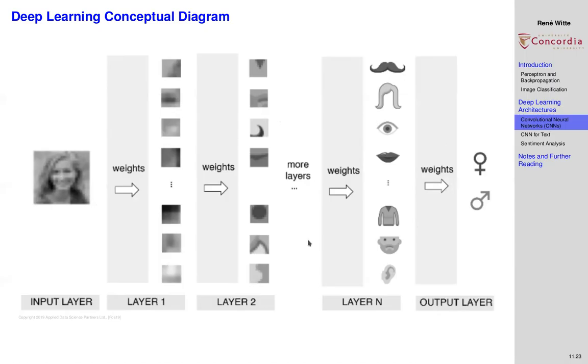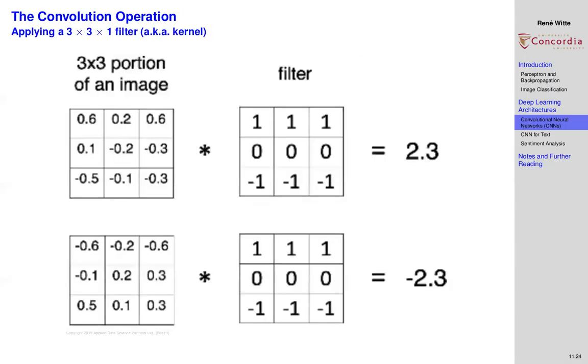And one new thing in this network here is a new kind of layer that we haven't seen before, and that's a convolution layer. What this layer is doing is applying an operation called convolution, which is basically a filtering step on the input that we have as image.